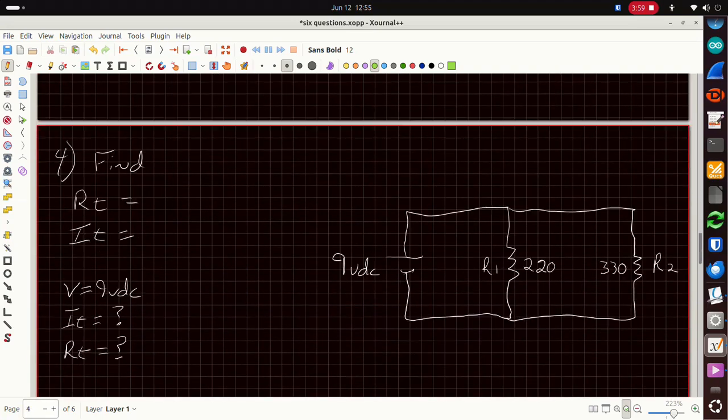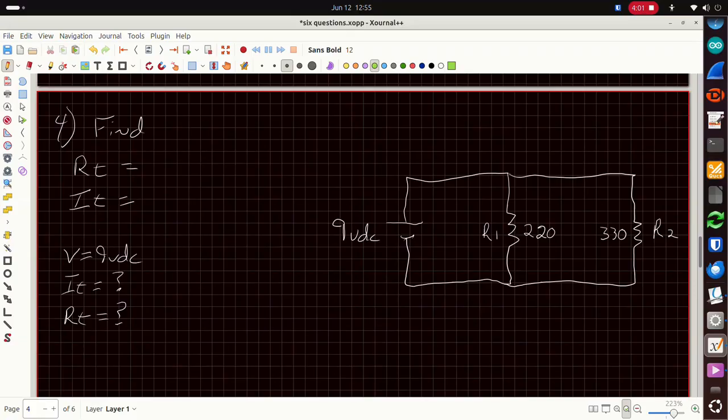On to question 4. This is our first parallel circuit in this questionnaire. We want to find out what RT is. We want to find out what IT is.